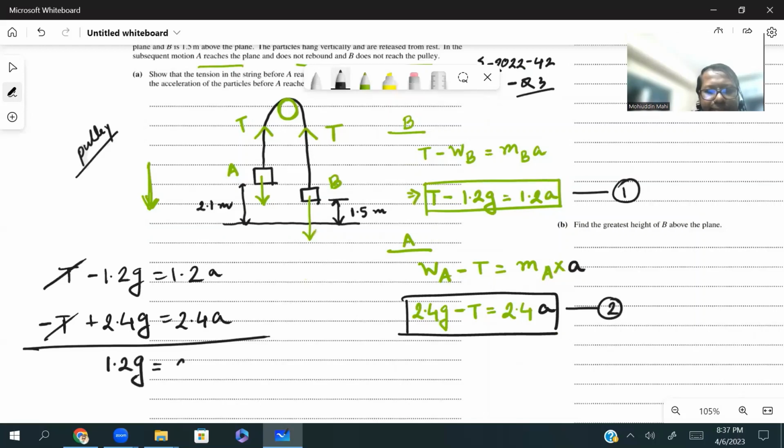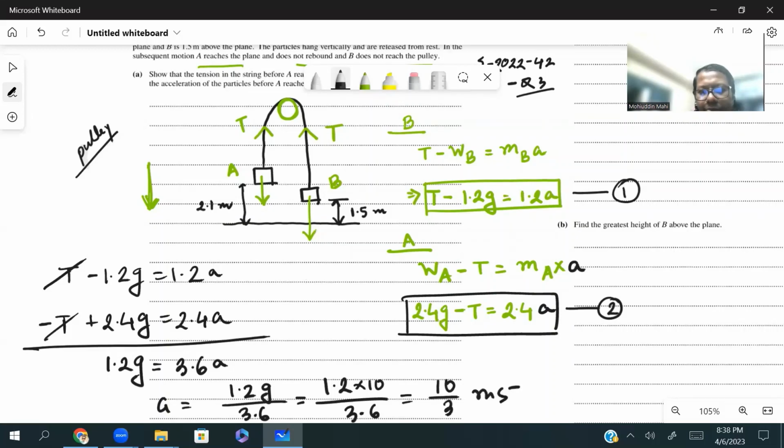We're adding them. So if we calculate, the acceleration is going to be, the value of g is 10, so 1.2 into 10 by 3.6, which is going to be 10 by 3 meter per second square. So that's the acceleration.